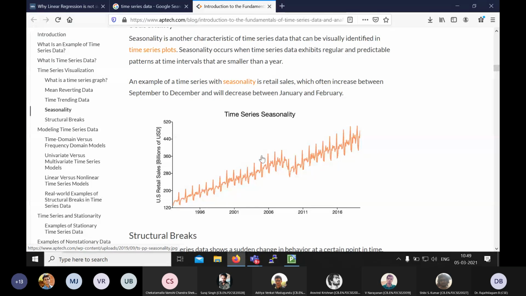Now look at this data, retail sales from 1991 to 2016. This is your regional retail sales. Can regression fit into this line? Can you capture the global trend using a regression line? Yes, ma'am, it's possible.